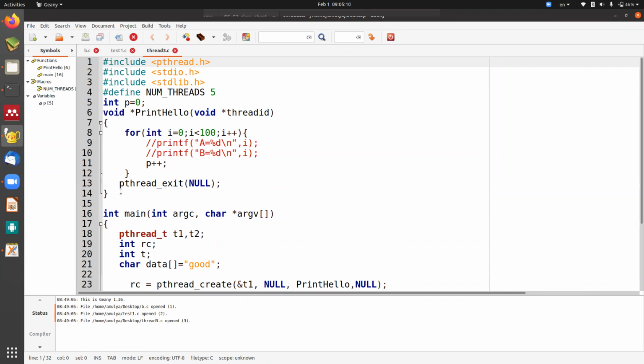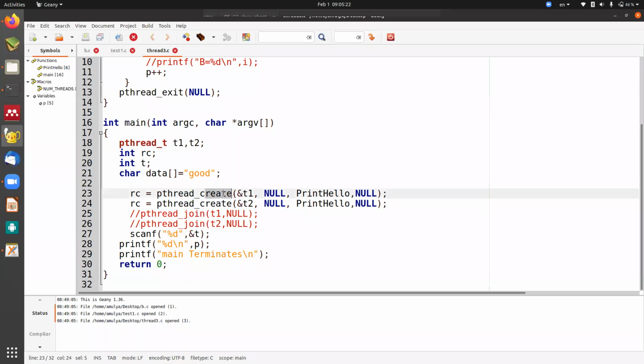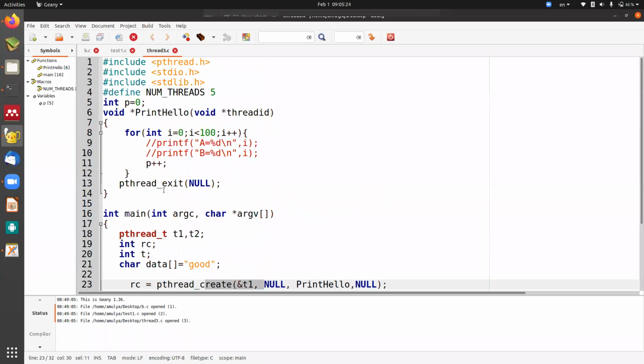That's okay, this pthread_exit, but when you're calling pthread_exit, which thread is going to exit? Not this one. Because when the thread starts here and comes to this place, it will not return back. Control does not return back. It is just saying to the parent, I have done.